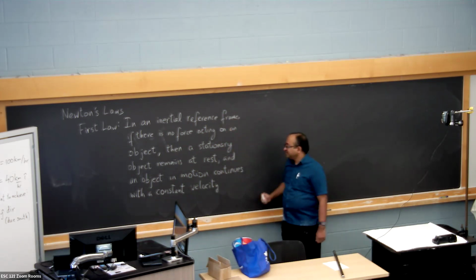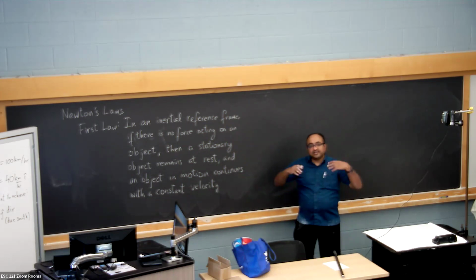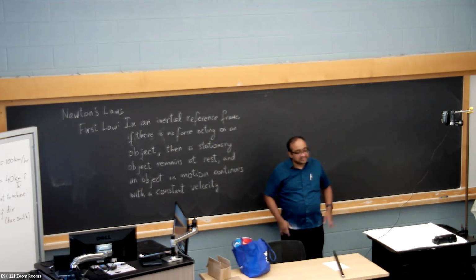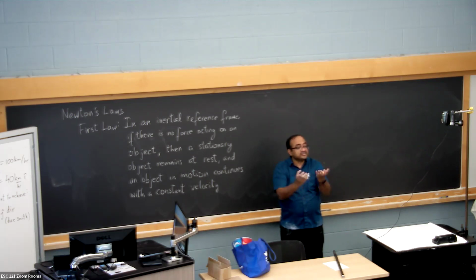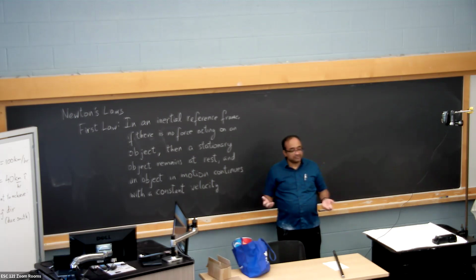The idea is that you're in some reference frame, you've set up your axes, and you take an object, and you say, okay, there are no forces acting on this object, and you observe it. If it's at rest, does it remain at rest? If it's in motion, does it continue with a constant velocity? Then in that case, you are in an inertial reference frame.